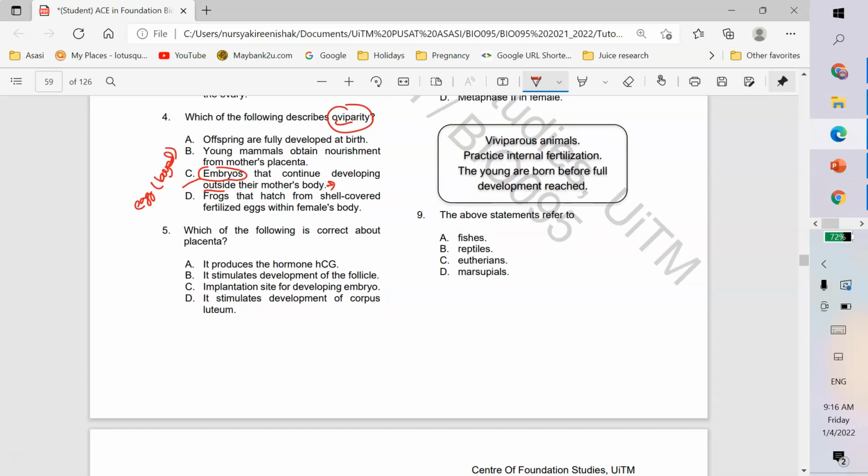Number 5, which of the following is correct about placenta? A. It produces the hormone HCG because placentas secrete HCG to continue developing the embryos layer in the placenta. Okay, sekejap ya.